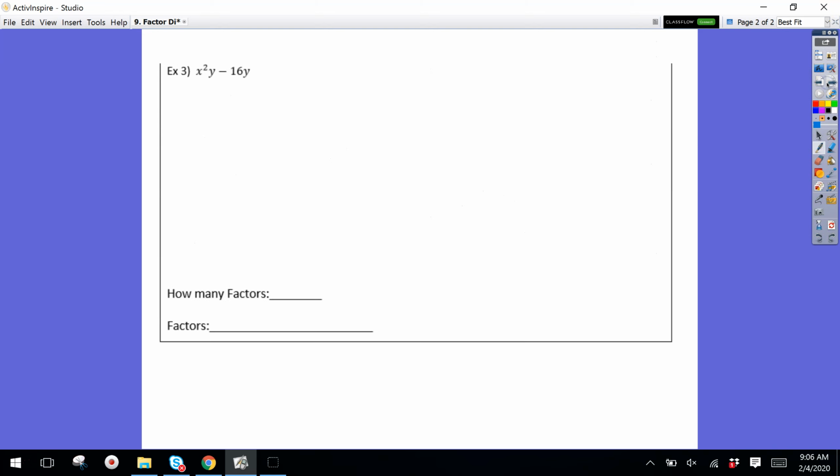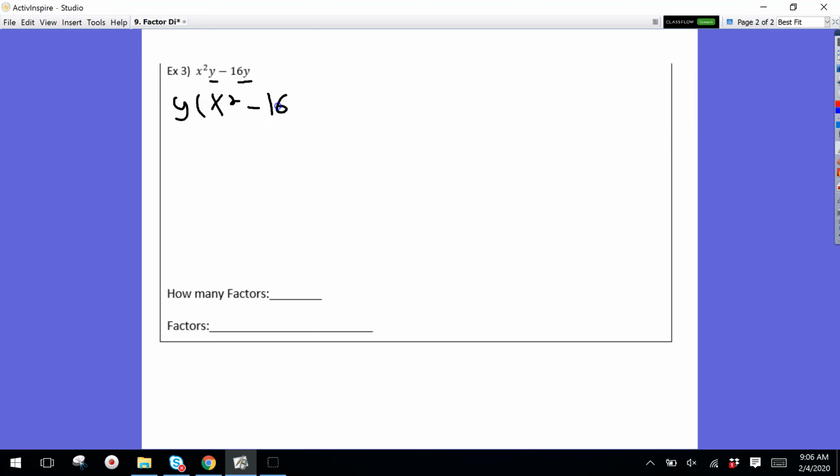And then my last example is just something a little bit more algebraic. Remember, just like before, if we have a greatest common factor, we want to pull that out. If you notice, both terms here are being multiplied by y, so we're going to take this out by factoring it out. So we have y times x squared minus 16.